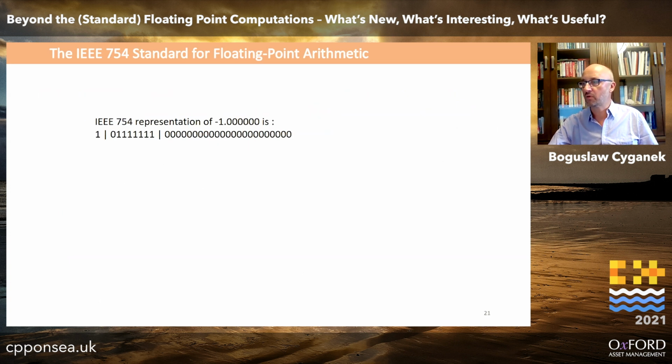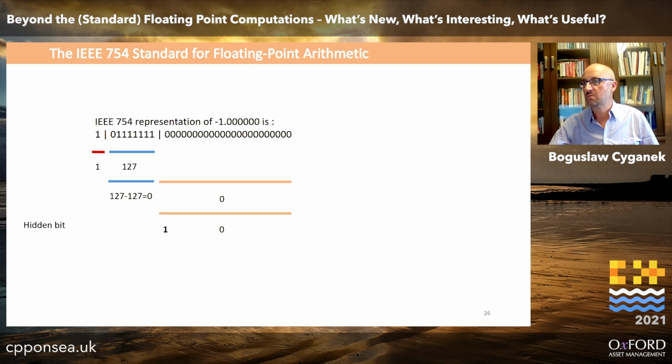And here are some examples, just to show how we operate. So this is the negative value of -1. The exponent is 127, and the value of the mantissa is 0. Because it is biased, we subtract the minimum exponent. So we have 0 here and 0, and we have this hidden bit.